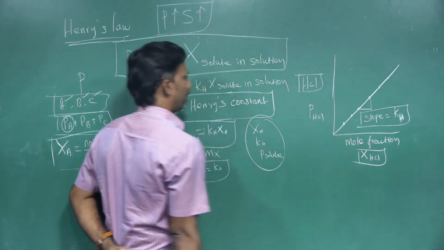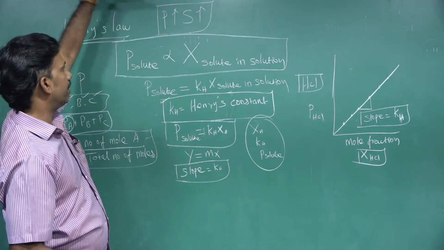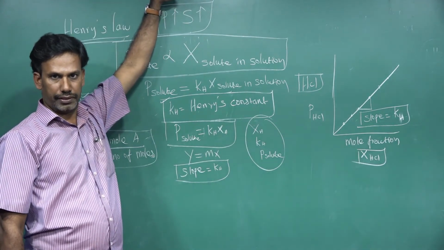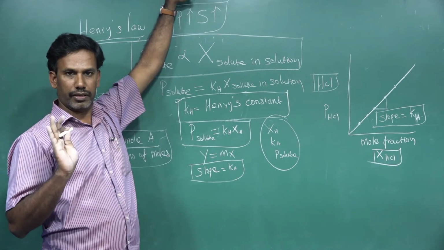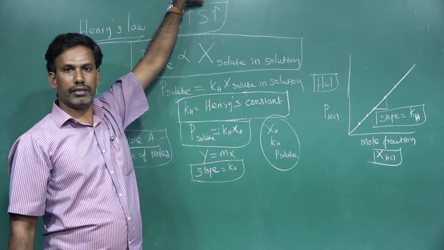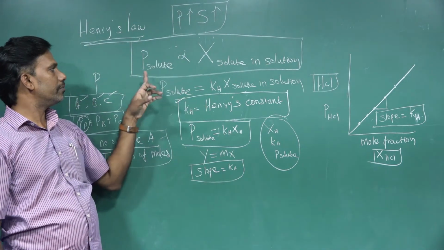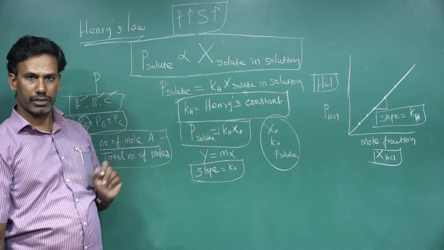So what is Henry's law? According to this analysis, it simply says that as pressure increases, the solubility of a gaseous solute in a liquid solution increases. How is this related? The pressure of the solute is directly proportional to the mole fraction of the solute in the solution.